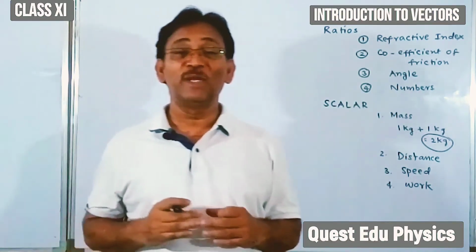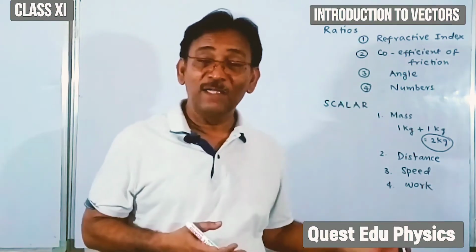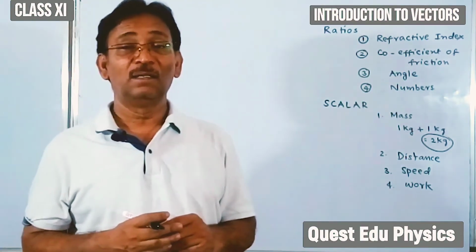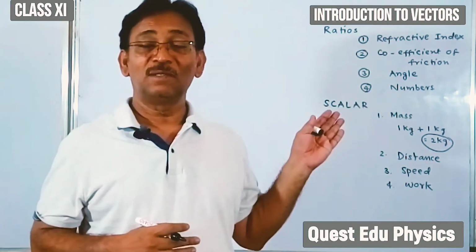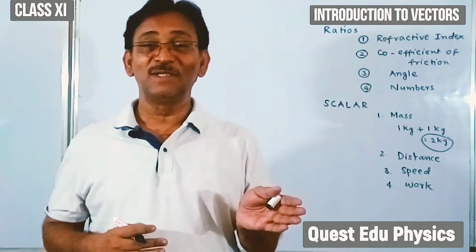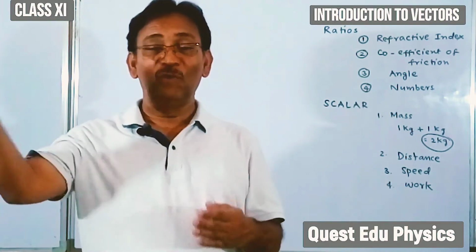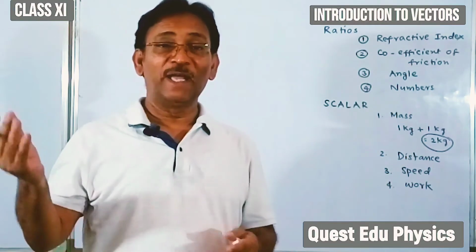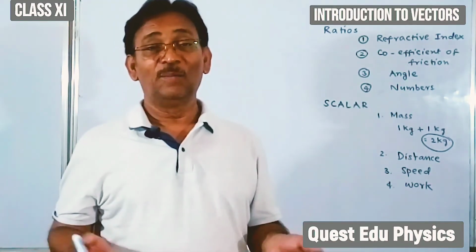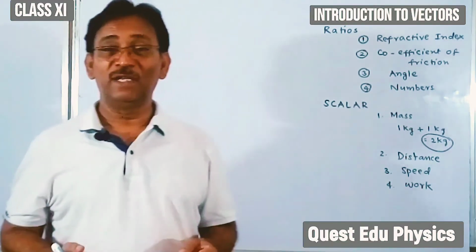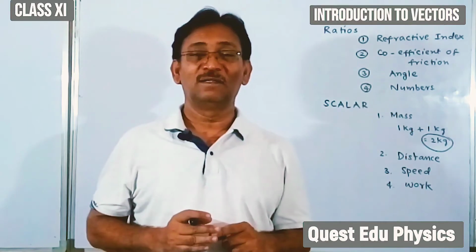And we come across many physical quantities which maybe have a direction. Why did I say time is a scalar even though it has a direction? It started from the past, entered into the present, and will enter into the future. It has a particular direction, yet it is not a vector, because any physical quantity which has a unique direction is a scalar.